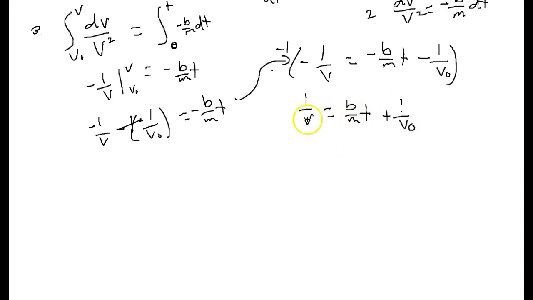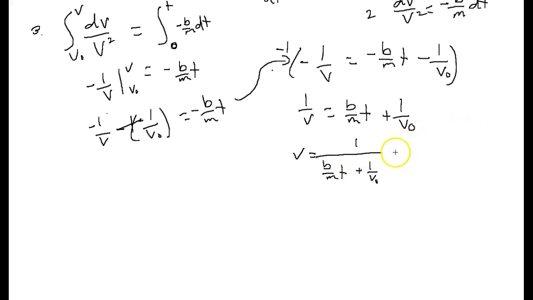The next step, to get v on the top, is we take the reciprocal of both sides. We get v equals 1 over b over m t plus 1 over v naught. So v is equal to all of this.